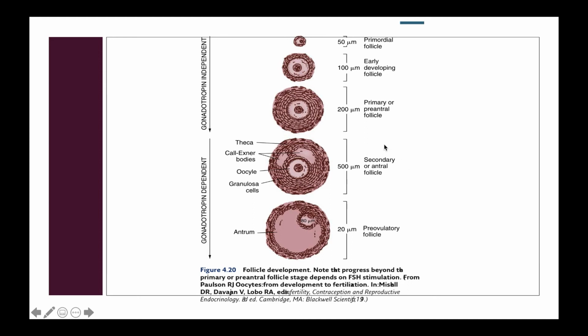Now, once it becomes a secondary or antral follicle, up to the stage where it becomes the pre-ovulatory follicle, these stages are gonadotropin dependent, meaning it needs the help of FSH, the follicle stimulating hormone, and the LH for it to grow and mature.